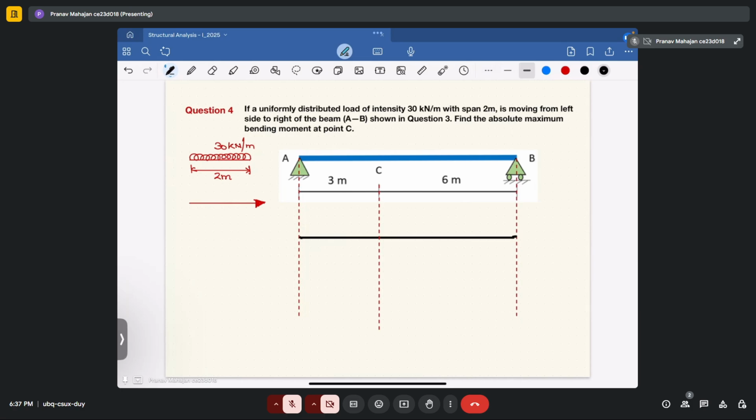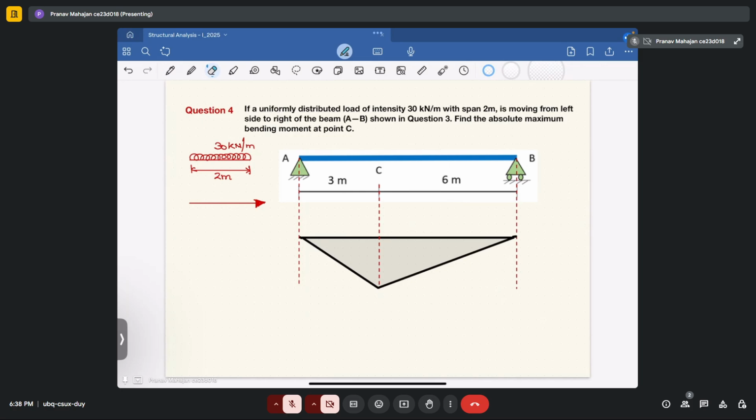So due to the concentrated load of 1 kilonewton at point A, your bending moment diagram will look like this. You can see the slopes of this side and this side are totally different.